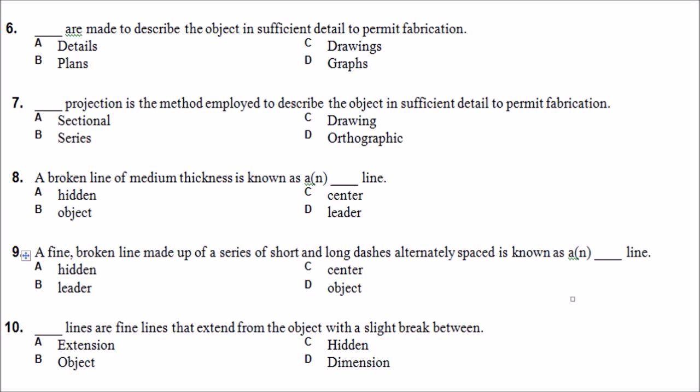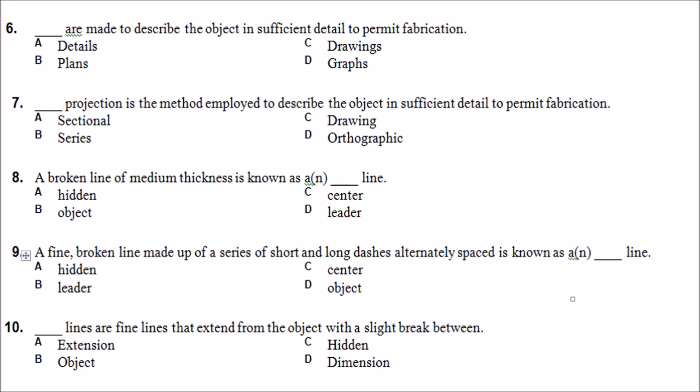That answer is D. Orthographic projection. Number 8. A broken line of medium thickness is known as a blank line. Hidden lines. The answer is A.